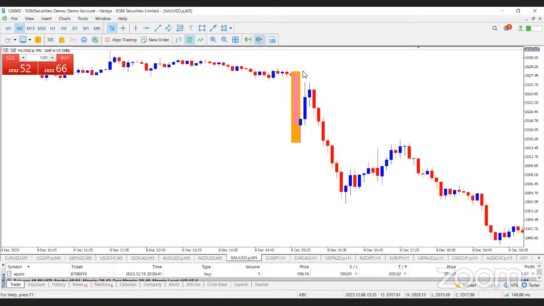So basically, the intention is to look for opportunities at the point when those data points are released. Sometimes it can be quite tricky to trade fundamentals.